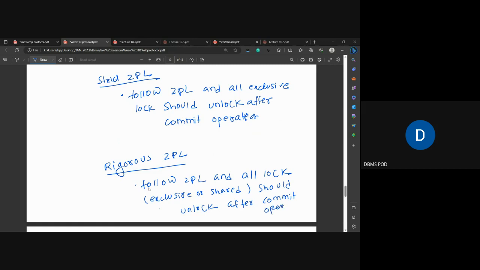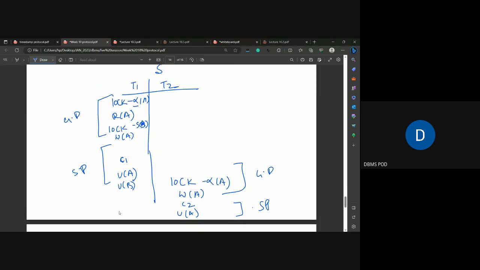So this is called rigorous 2PL, because whatever the locks, even shared locks, we unlock after the commit operation. It follows recoverability and generates cascadeless schedules, the same advantage as S2PL.